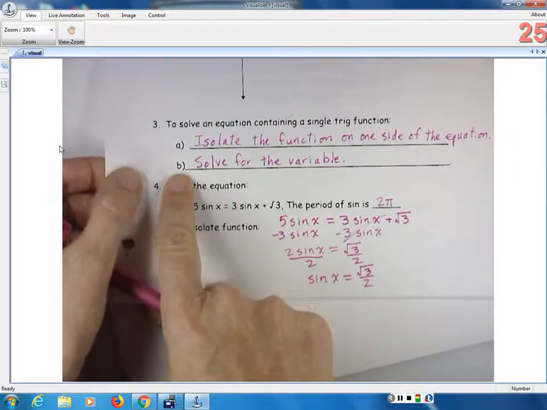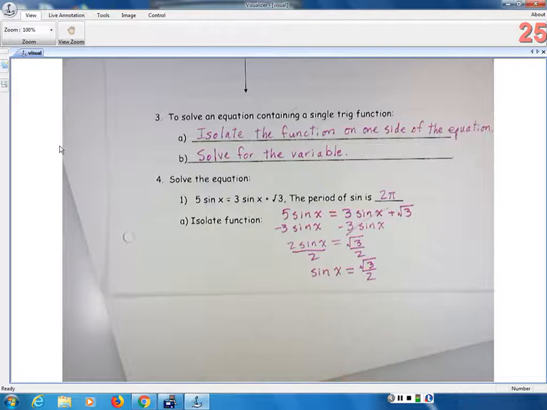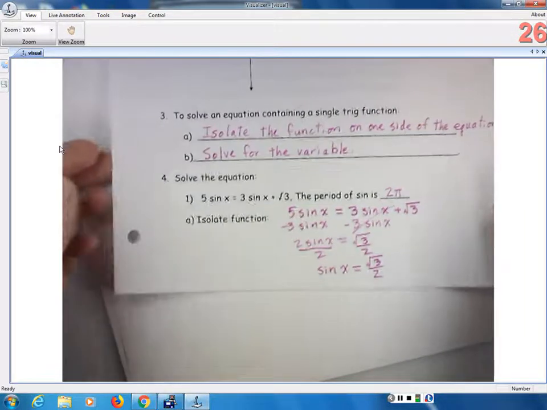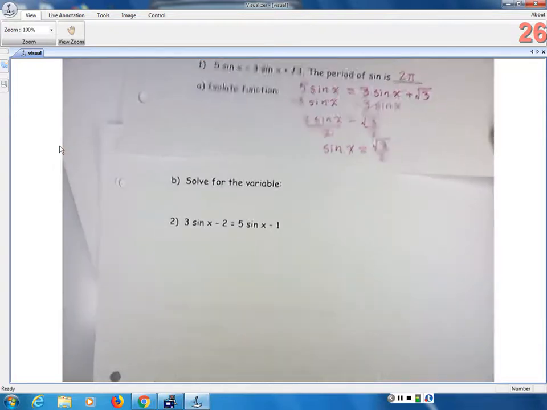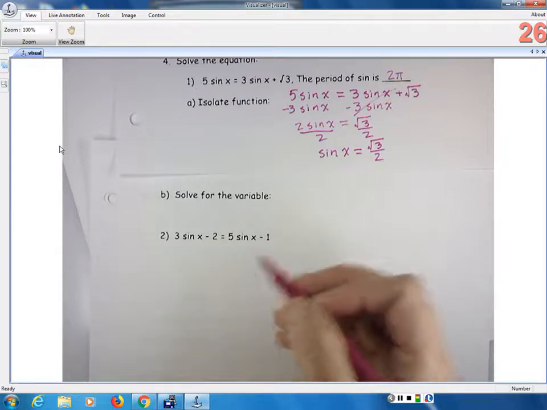And now, some of you had answers like this on your last test. I don't remember seeing something with n's in it, but maybe it was just for domain and tangent, which is okay. Solve for the variable.